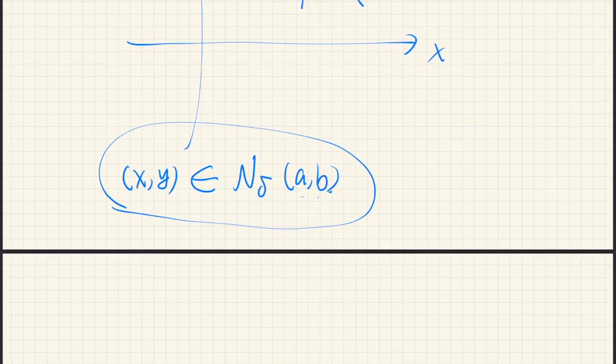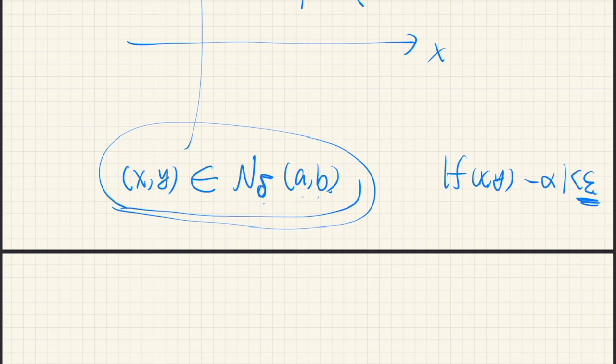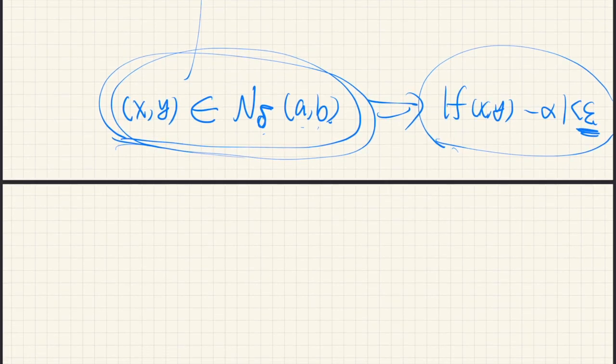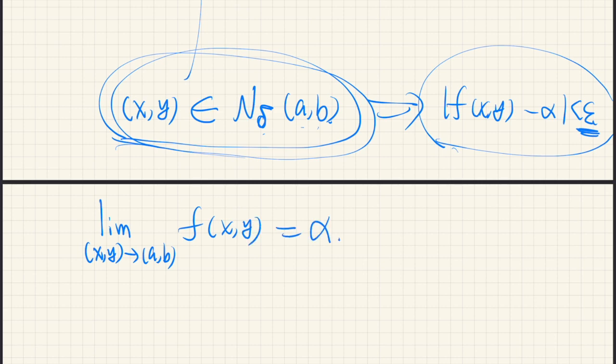So if this is true, then if f of (x, y) minus alpha is less than epsilon, so whatever the value of epsilon, if we can find sufficiently small delta such that if this is true, then this is true. So if this holds, then we say the limit of f of (x, y) is alpha when (x, y) approaches (a, b). Approaches (a, b), f of (x, y) converges to alpha.